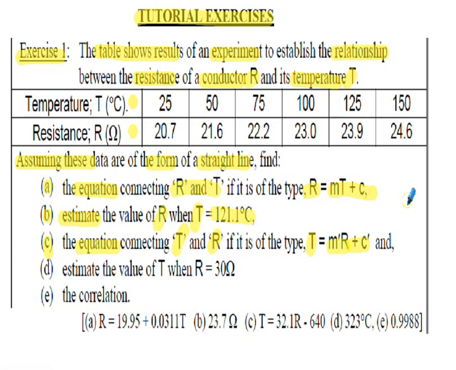That's a regression of T on R. Part D, we're asked to use the equation in Part C to estimate the value of T given that R is equal to 30 ohms, and Part E, we're asked to find the correlation.